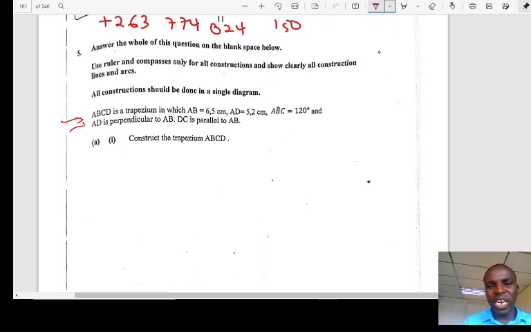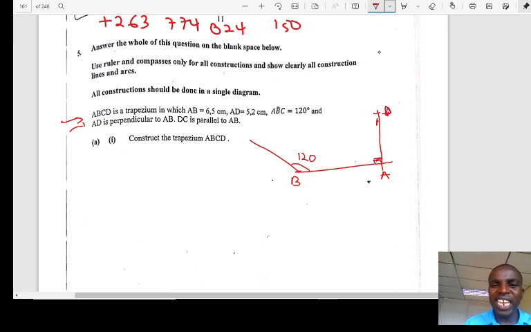So I can do my rough sketch here. I can do it like this. Then I can put my B here. Then the angle at B is 120 degrees. Then AD is perpendicular to AB, so I can put my A here, then my D here, both perpendicular to AD and AB. There must be a 90-degree angle here.